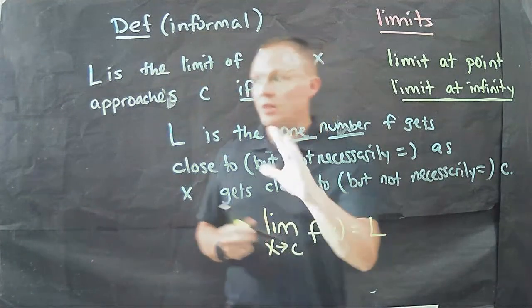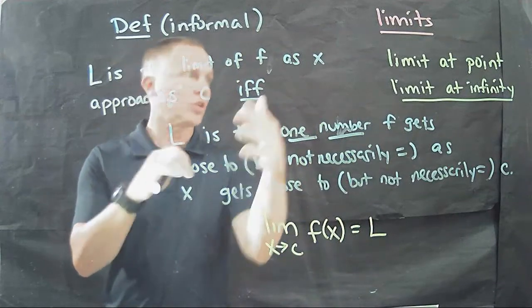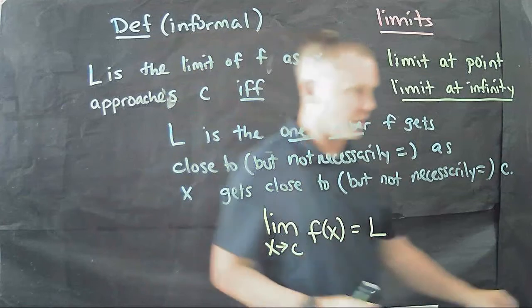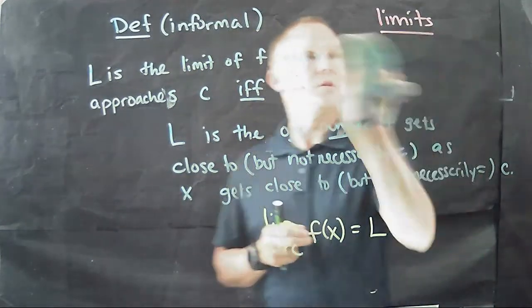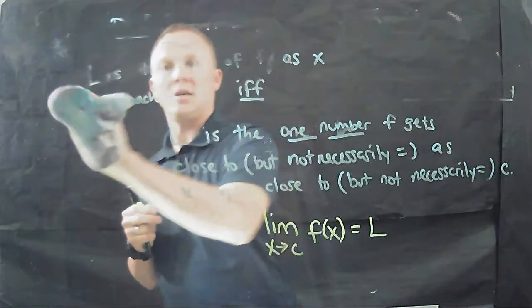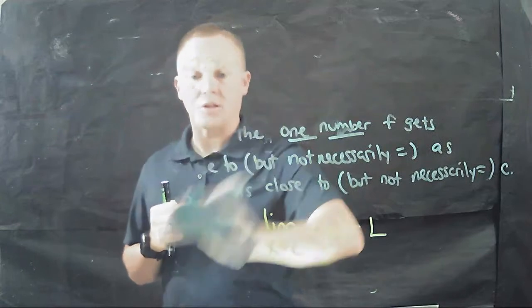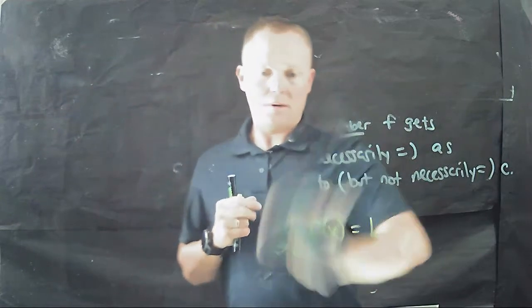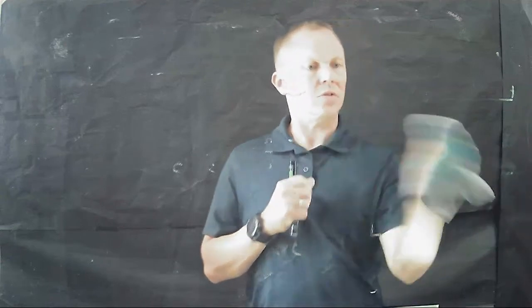So I think this definition is going to make the most sense if we start looking at some pictures. So let's look at some pictures and see what we see. Remember, the one number f gets close to, but not necessarily equal to, as x gets close to, but not necessarily equal to c.